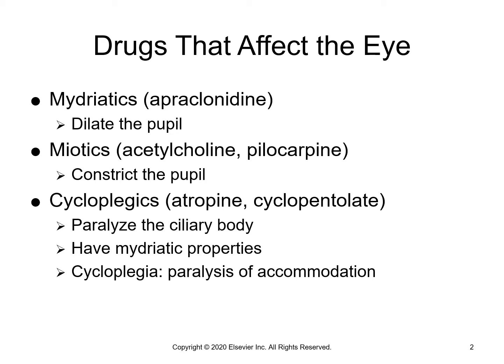So an example might be a dilated eye exam, where you may see a cycloplegic used. The most common examples are in the parentheses, but I would focus on knowing the definition of a mydriatic, myotic, and cycloplegic.